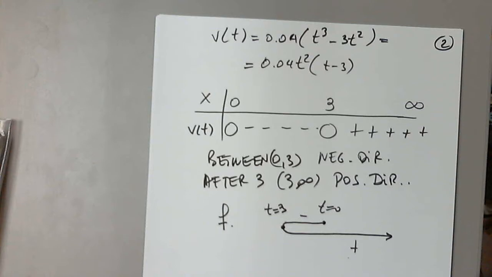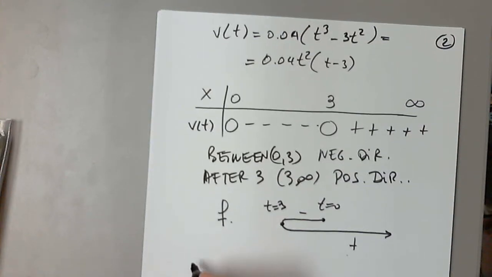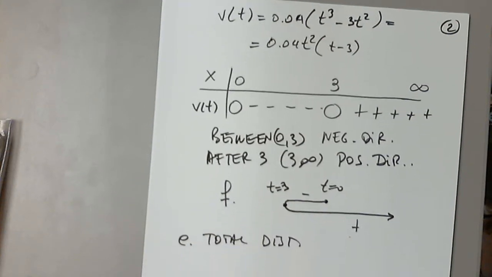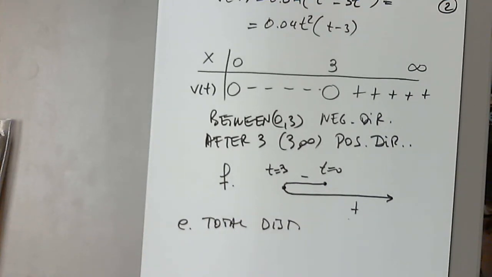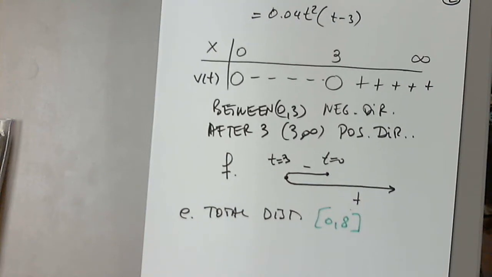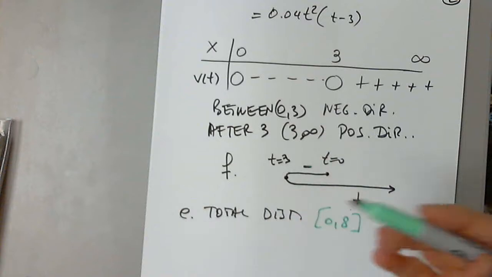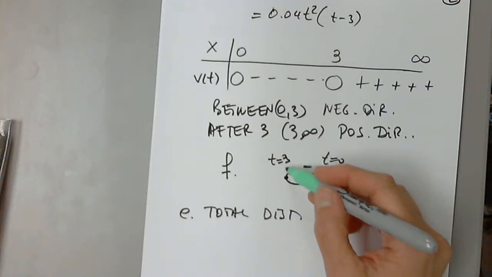Okay, part E. Find the total distance. So the total distance will be determined, and they are asking us only between 0 and 8. Even when the particle goes left or right, it doesn't matter. I still have to determine the distance.